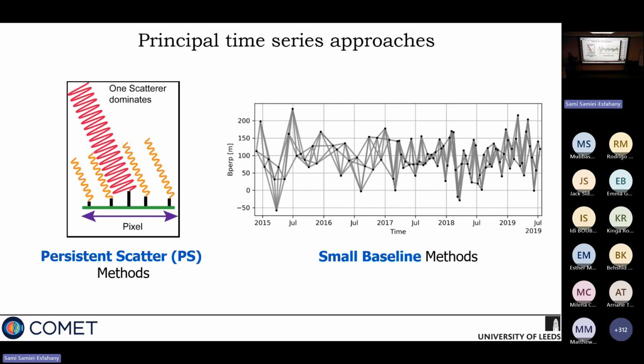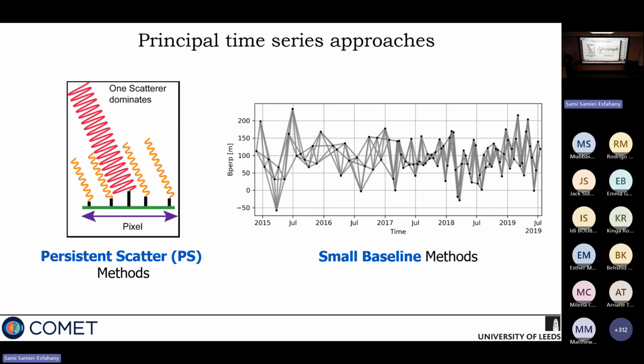Right, so according to my categorization, there are two main categories of time series methods. You may have heard of them. One is persistent or permanent scatterer type techniques, and the other is small baseline methods.